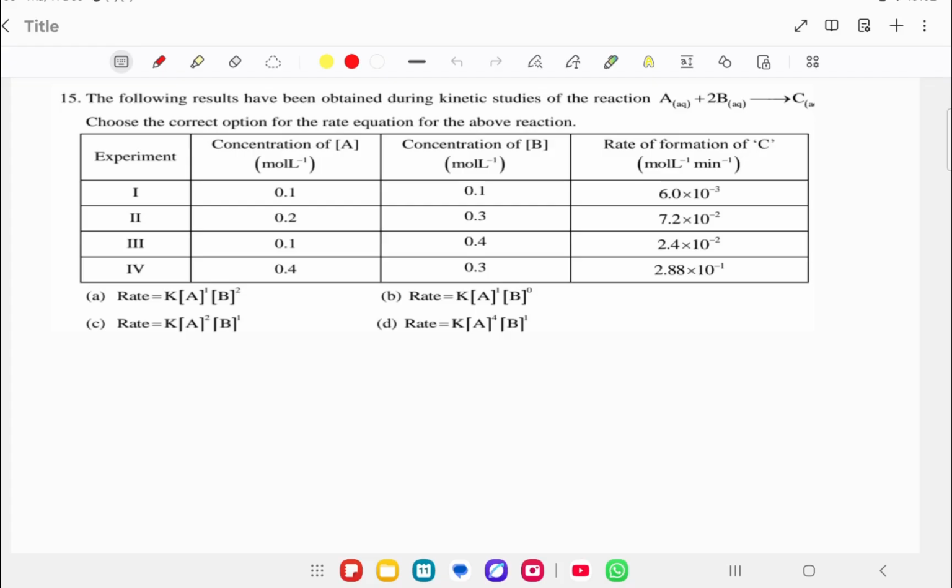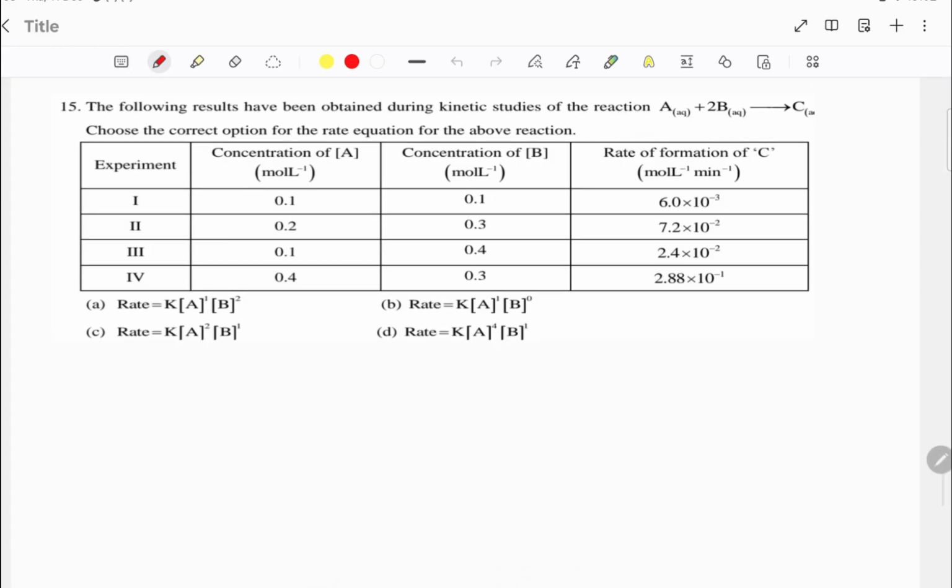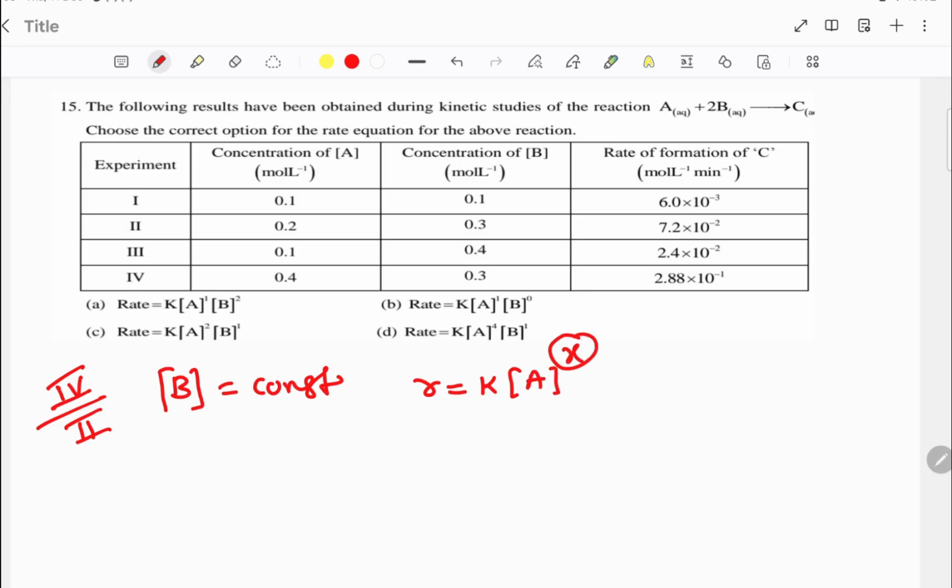For question number 15, if you want to solve it, see experiment number 4 divided by experiment number 2. In these two experiments, the concentration of B is constant. Then the concentration of A, how is it changing? Rate is equal to K into concentration of A power x, where x is the order we have to find.